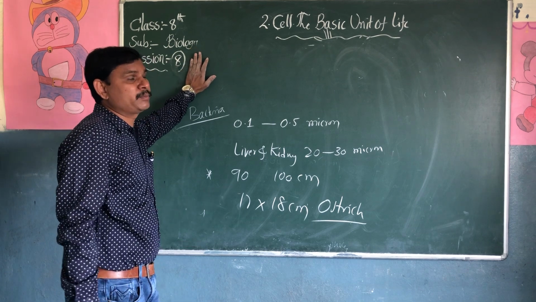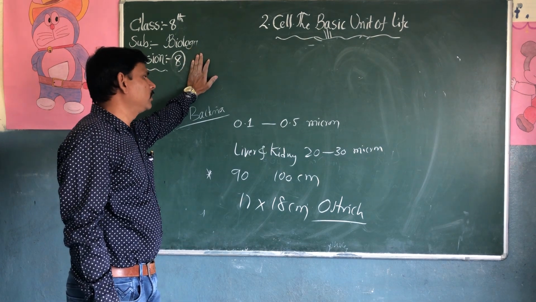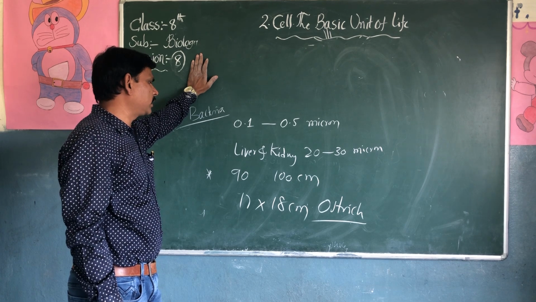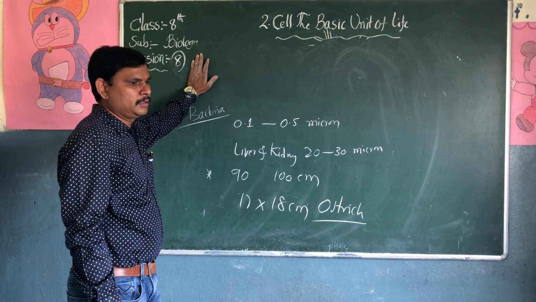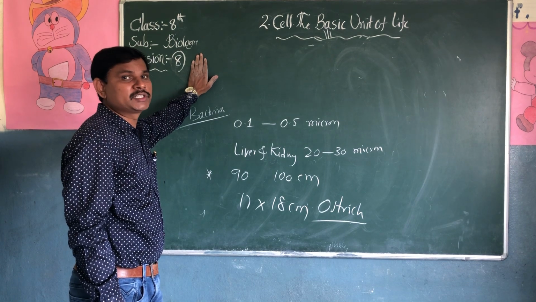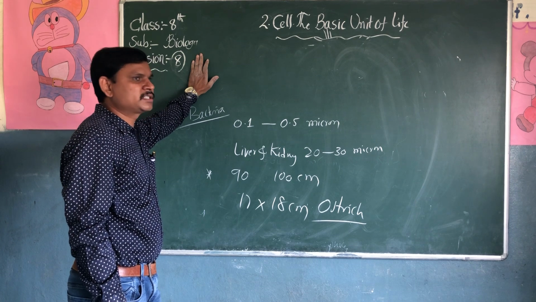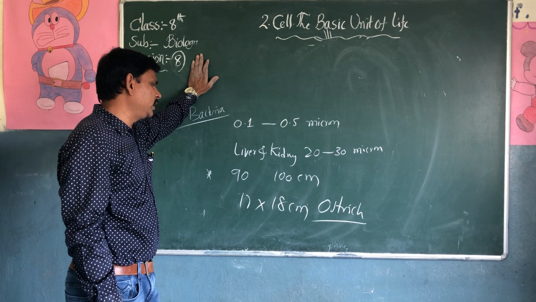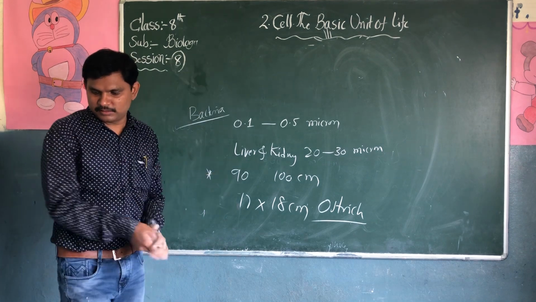Smallest cell, bacteria, 0.1 to 0.5 micron; liver and kidney, 20 to 30 micron; the human nerve cell, 90 to 100 centimeter. The largest cell, the egg cell, that is the ostrich egg, 17 into 18 centimeter.